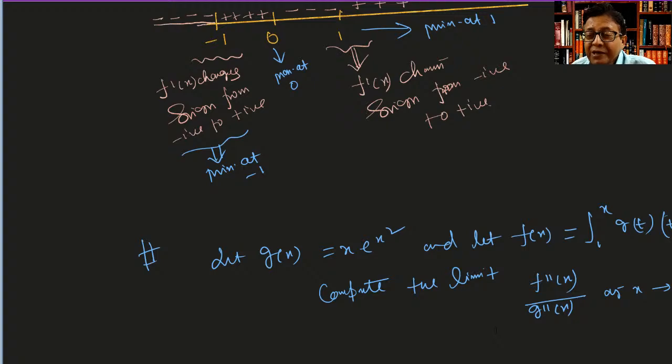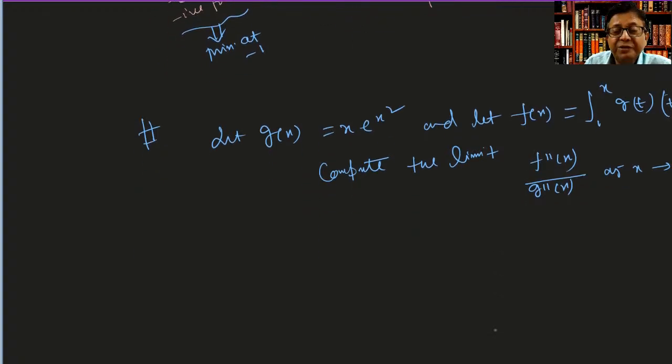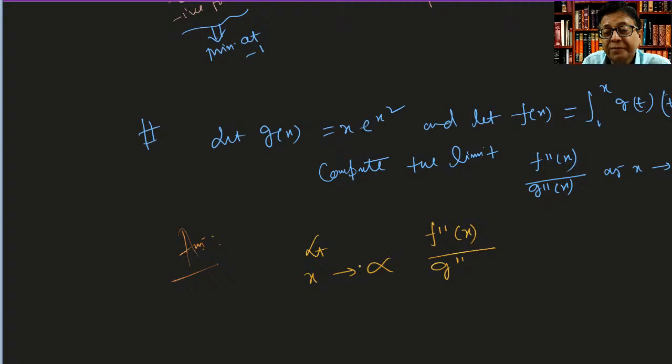You have to find this thing actually. You have to find limit x tending to infinity f double dash x by g double dash x, can do it by L'Hopital rule, no problem.